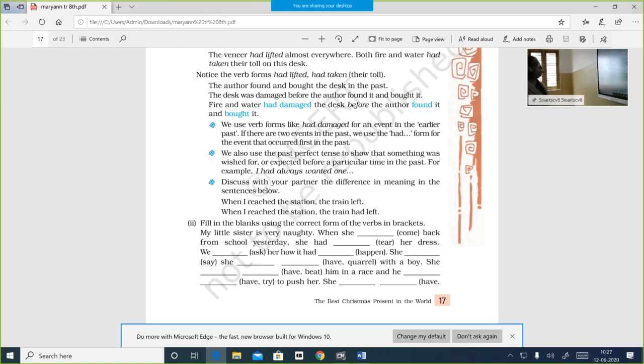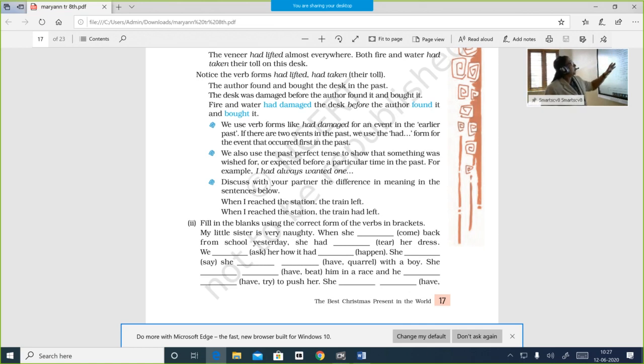Next, discuss with your partner the difference in meaning in the sentences below. Before that, let me tell you, there are two places where past perfect is used according to this Honeydew textbook, for the first lesson. It is for an earlier action. When there are two or more past actions, the earlier action gets the past perfect.